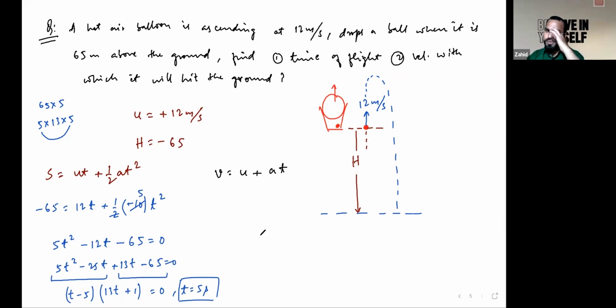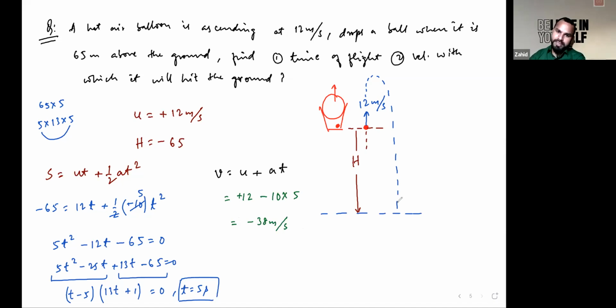a equals minus of gravity, which is minus 10. So if you put all these values, u is 12 positive, acceleration is minus 10, and time is 5. On solving, you will get minus 38 meters per second.